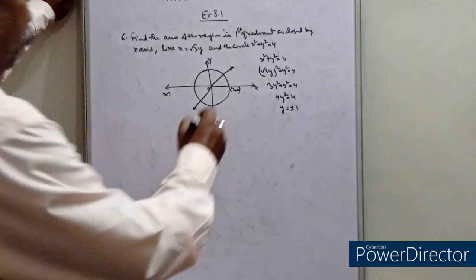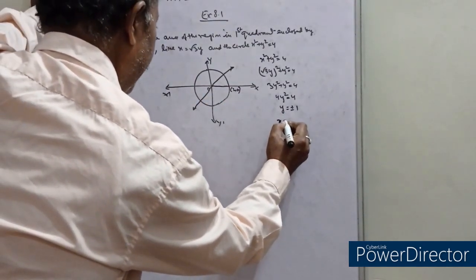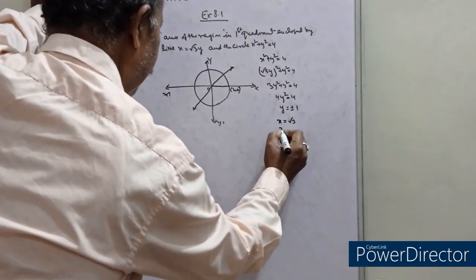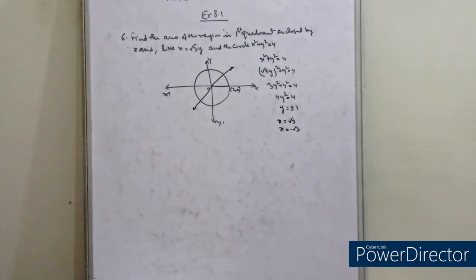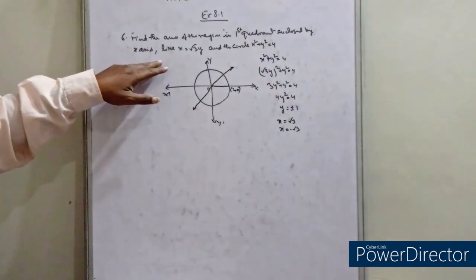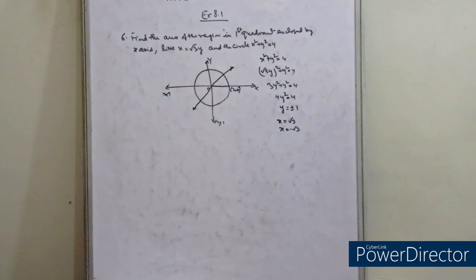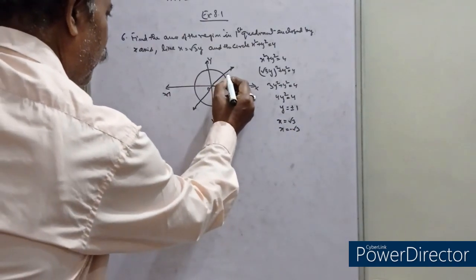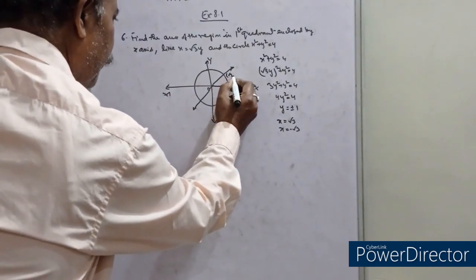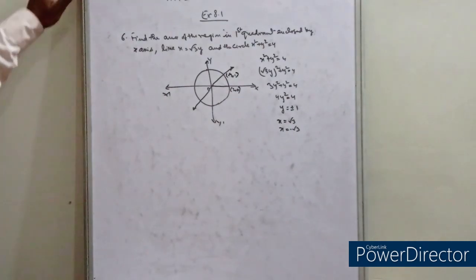Now I am going to put the value of x. So your x will be root 3 and the other x will be minus root 3. Since my question is restricted to the first quadrant, I will take only the positive values. x is equal to root 3 and y is equal to 1. This will be root 3 comma 1, the intersection point.